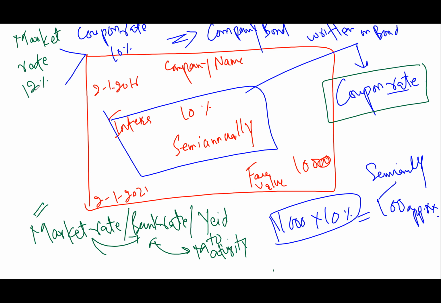If the market is giving you 12%, and the company is giving you 10%, the company's bond demand decreases, right guys? So it means the company's price decreases.